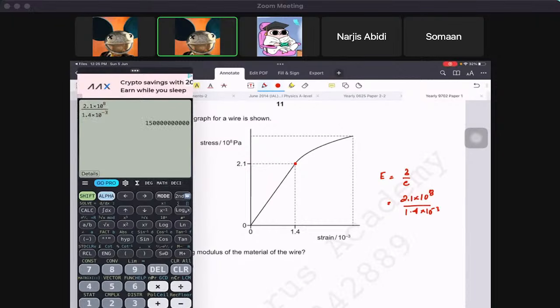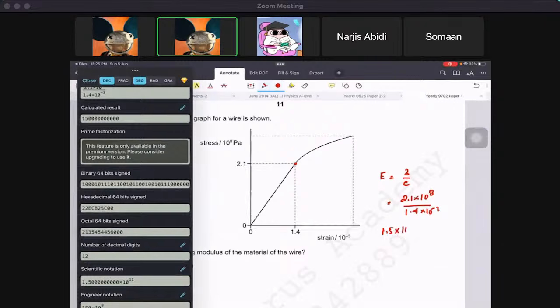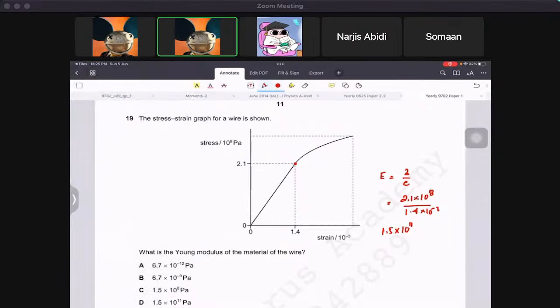So this is about 1.5 times 10 raised to 11 pascals. Has to be D then. Pretty straightforward. And then 12.